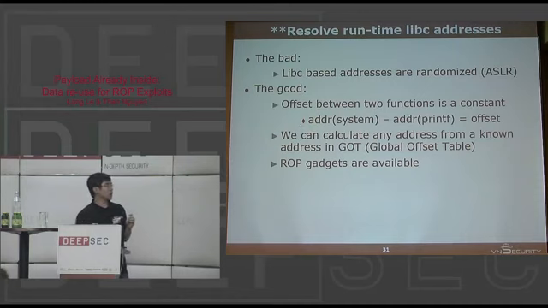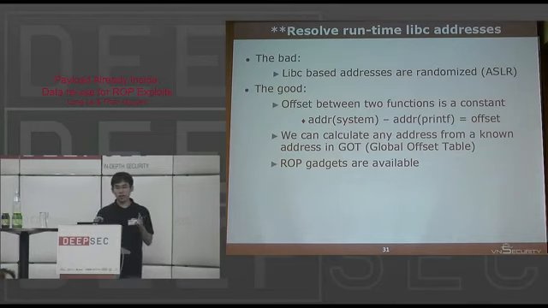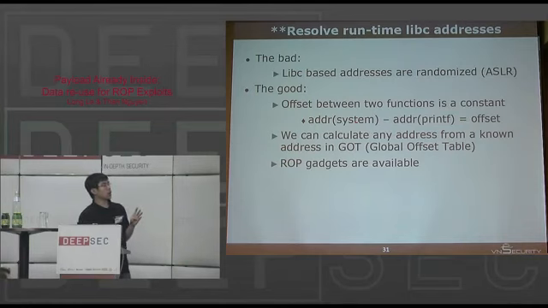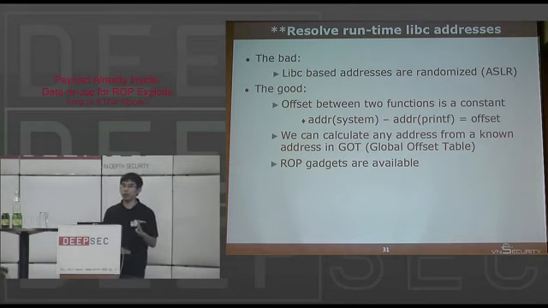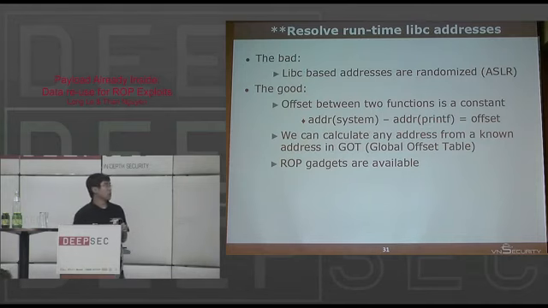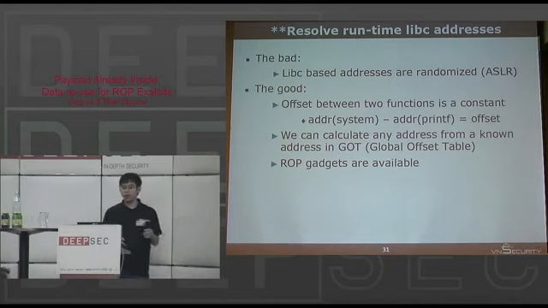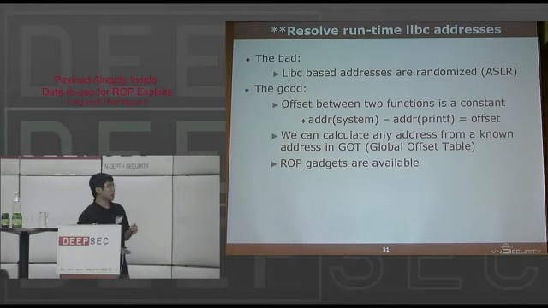So if I want to know the address of system, I can calculate the offset between printf and system, and then just add the offset to printf, and I have the address of system. For this reason, we can resolve and calculate any address of a function in the libc, and the gadgets are available in all of the binaries.